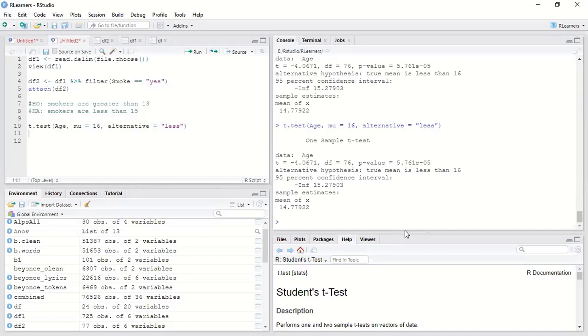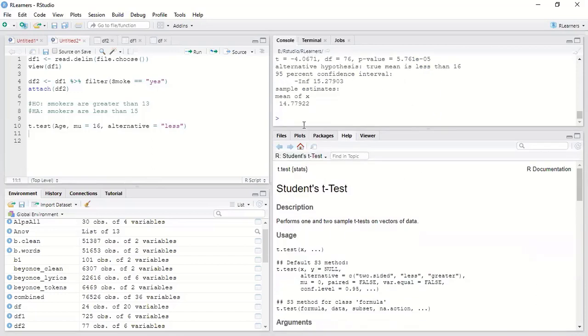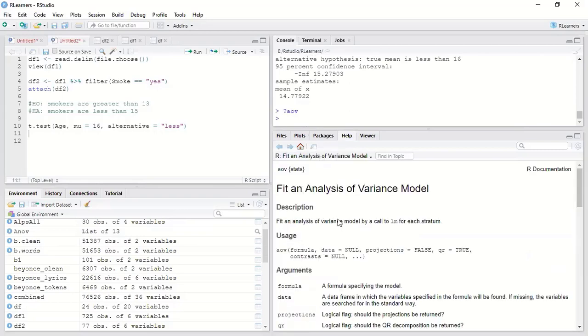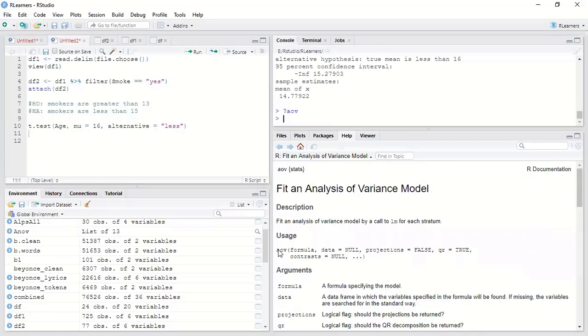And as I said about looking for help, you can look for help on anything. You can just put a question mark before anything and write what you want. Maybe you want ANOVA. Then it gives you everything on fitting an analysis of variance model. So that is everything we did last time.